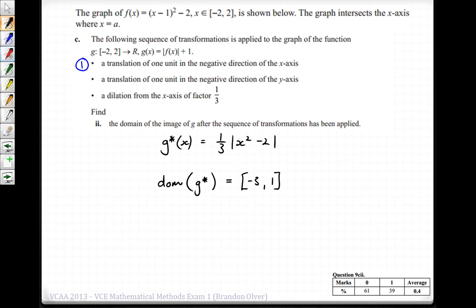The other two, hopefully we called them 2 and 3, don't have any effect on the domain. They're only affecting the y translations and the dilation, which again isn't going to change that domain. So no effect for these, just number 1 that we've got to take into consideration.